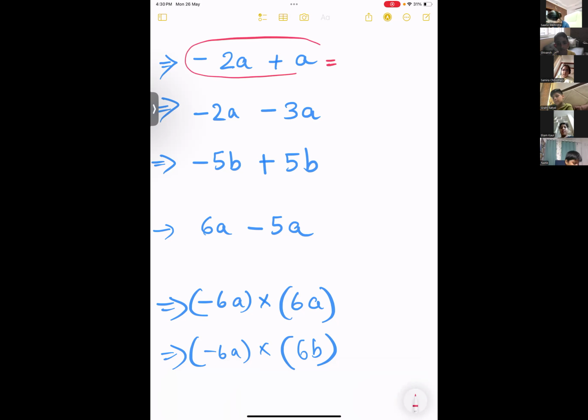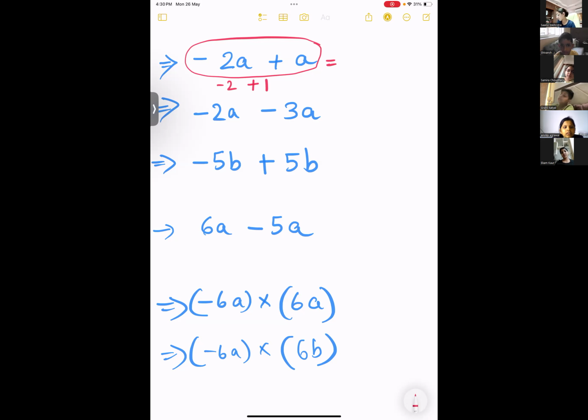Focus over here. This is for kids who are in grade 4 and below. Minus 2a plus a. Okay? Just imagine if it was something like minus 2 plus 1.